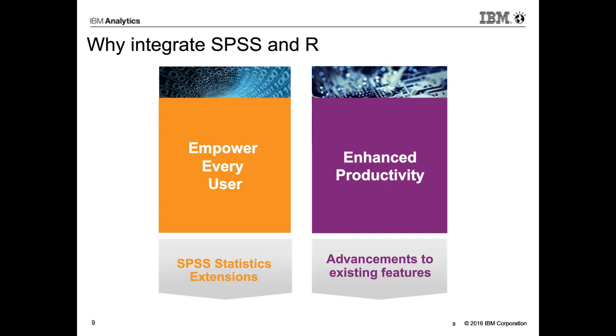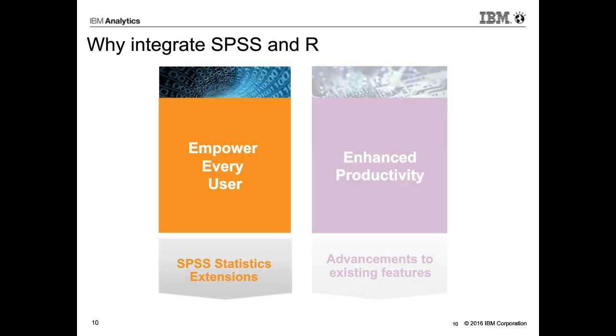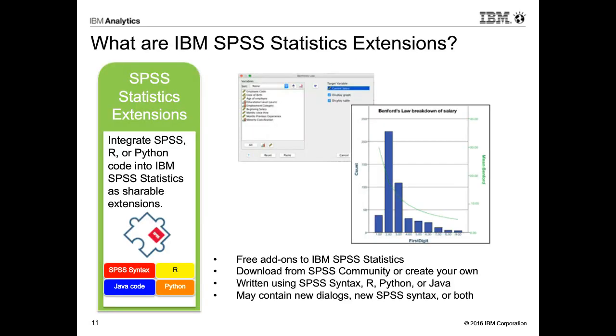Now, we're going to talk more about why IBM SPSS Statistics extensions. What are IBM SPSS Statistics extensions, and how are they going to benefit you, right? Now, if you're looking at this particular slide, what we're talking about here is that SPSS Statistics extensions are just application bundles, which integrate R, Python, or Java code into the rest of the SPSS Statistics product.